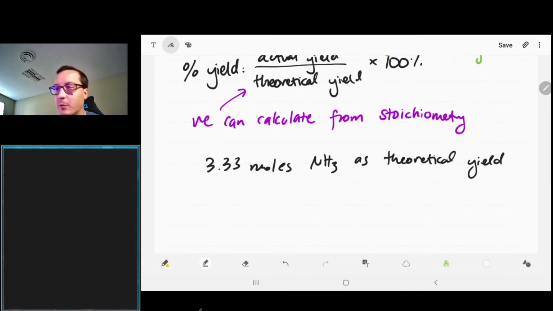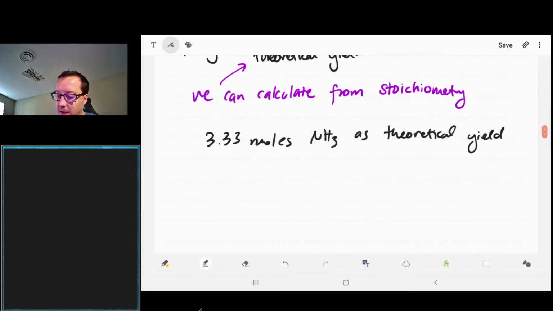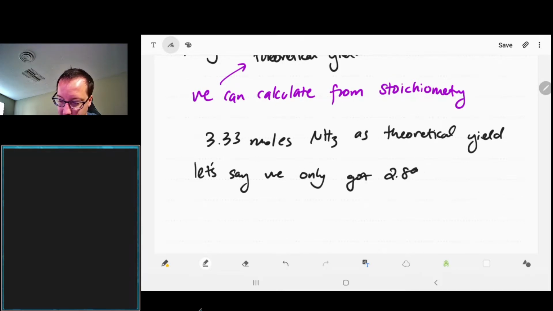Remember, we did that one where we had the nitrogen and the hydrogen, we put them together, and we made our 3.33 moles of ammonia. And I think for that one, the hydrogen was the limiting reactant. And let's say we only got 2.89 moles in reality.